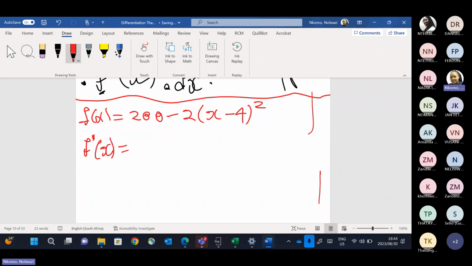Okay, our derivative would be minus 4 times (x minus 4), right?